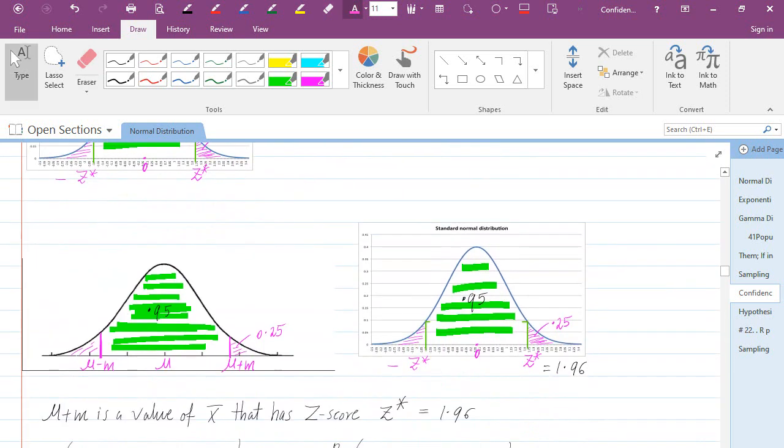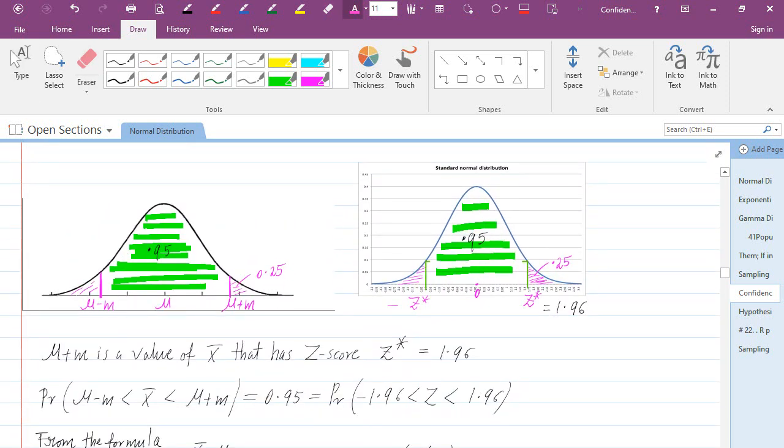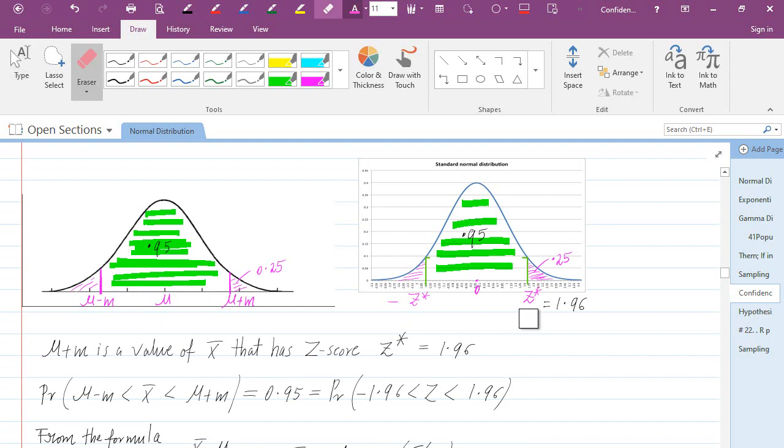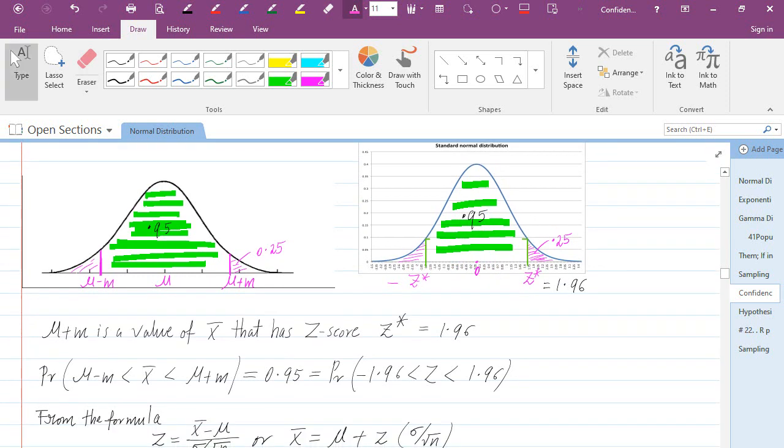So we found that if z star is 1.96, then 95% of the area below the standard normal curve lies between negative z star and positive z star. So negative 1.96 and positive 1.96. So now compare this and the distribution of x bar.